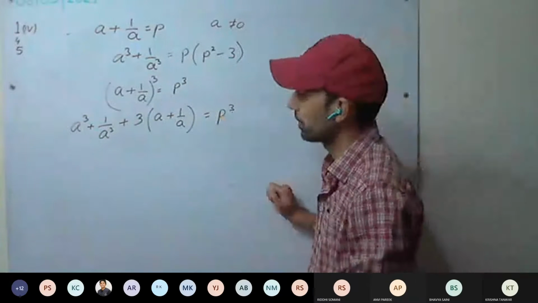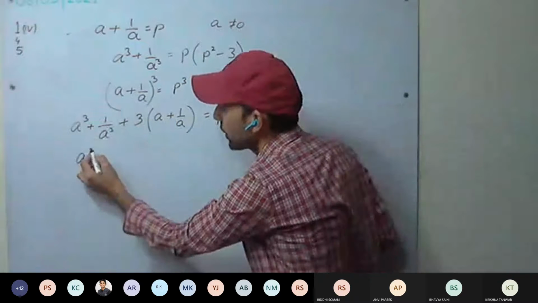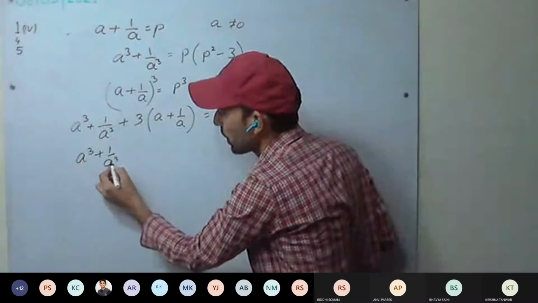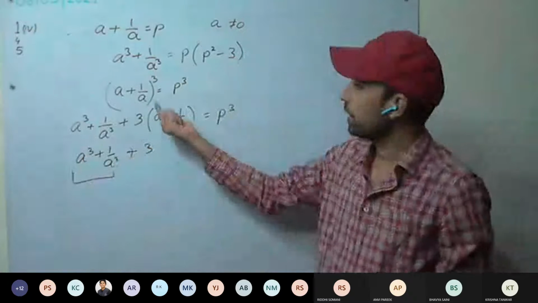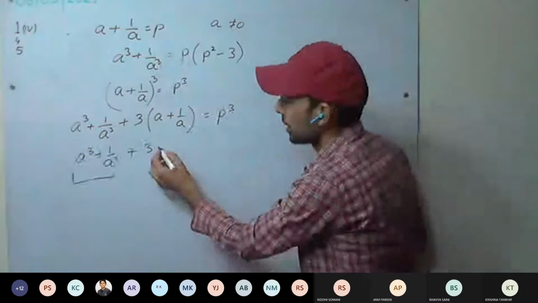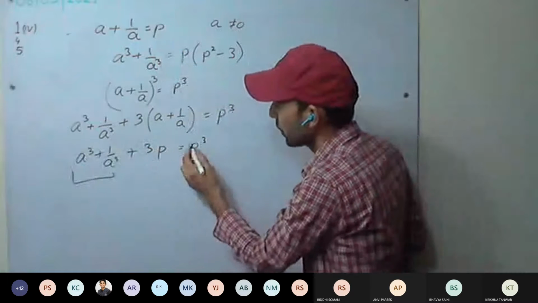Now you have got the answer, I think. A cube plus 1 upon a cube, its value we have to calculate. Plus 3 times a plus 1 upon a, we can put p: 3p equal to p cube.